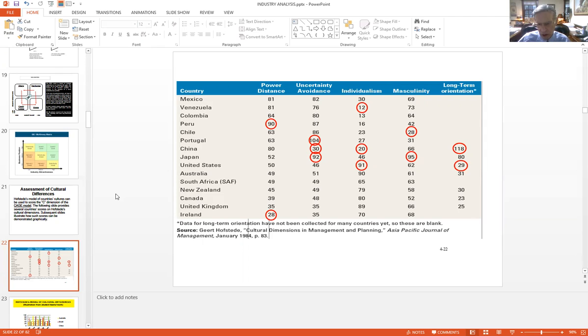Uncertainty avoidance is another way of looking at the tendency to avoid risk. And once again, you can see that Portugal came out very high, China came out quite low, Japan came out high. I've always been fascinated by China's rating here because it says that in China, people and managers are willing to take risks.